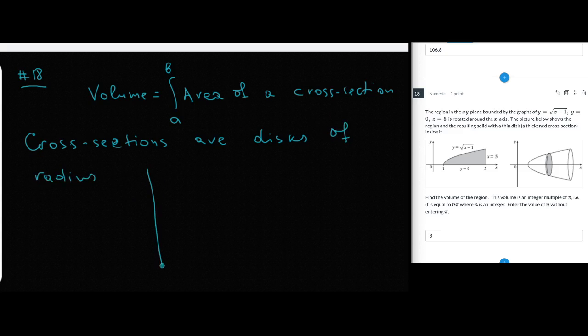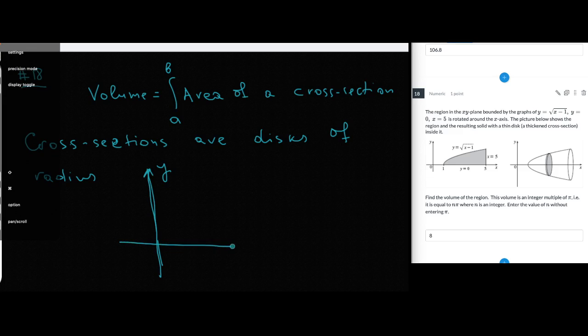So if I picture the region, I'll redraw the x-axis to make it a little bit more even. This is the y-axis. Now I'll try to draw the x-axis a bit straighter, like this.